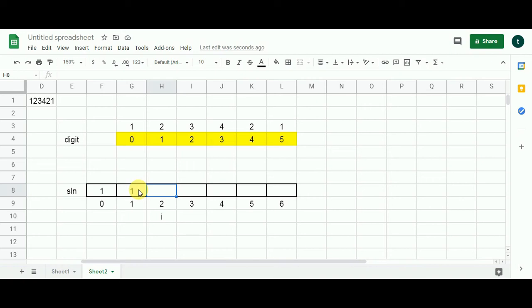Hence, the algorithm is first going to take the value from the cell represented by I minus 1. So I is 2, 2 minus 1 is 1, the value here is 1, so 1 will be populated here.